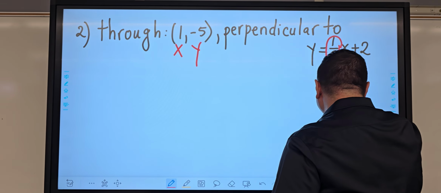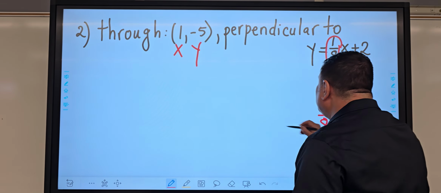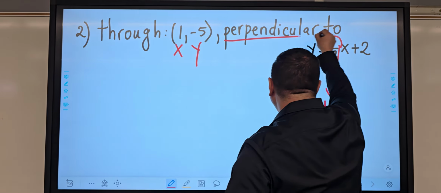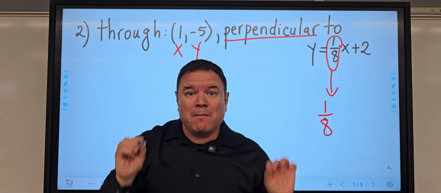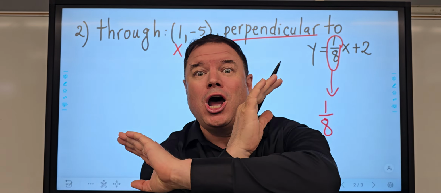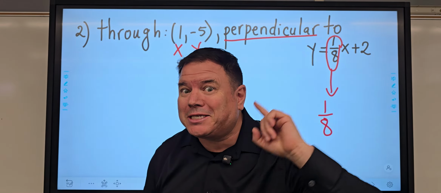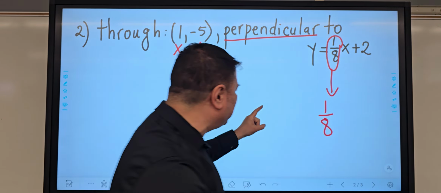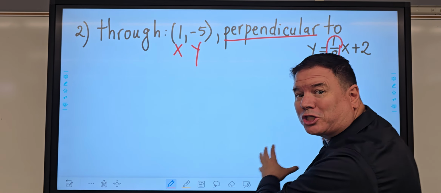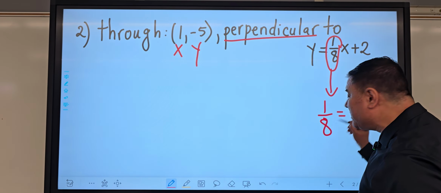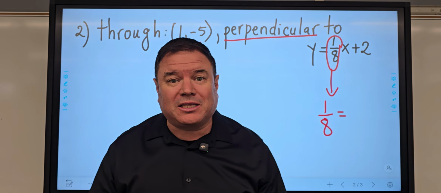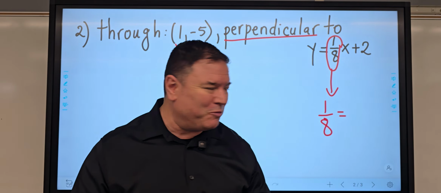So once we steal the slope, we are going to look at this word, perpendicular. Remember, perpendicular lines have slopes which are opposite reciprocal. Don't forget that. So after we steal the slope, we are going to look at the opposite. What's the opposite of 1/8? -1/8.